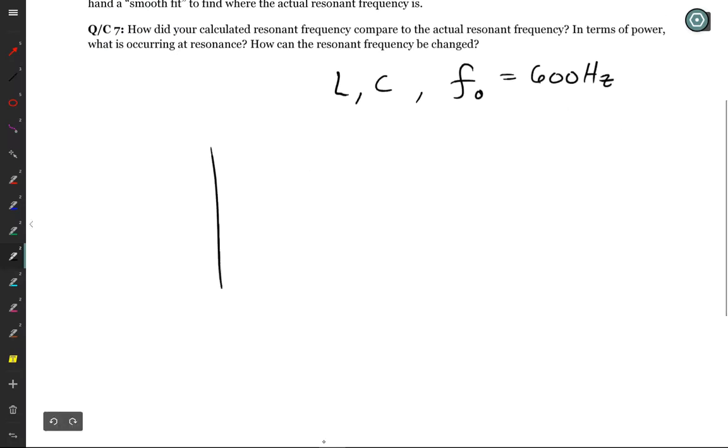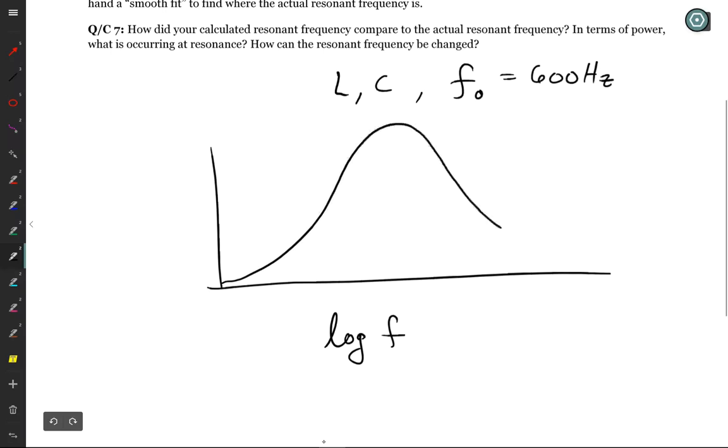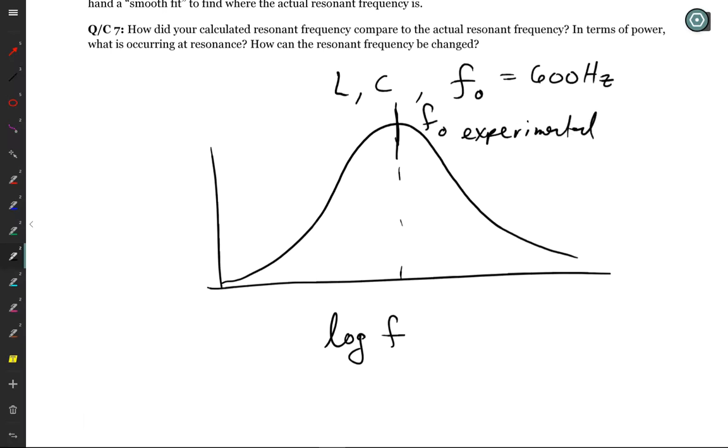Like I said, if you make it a logarithmic graph, it should look something like this, and it's easier to find where the center is. That center is the experimental resonant frequency. And the theoretical is the one you got from L and C. My 600 here was just an example. That's not your number.